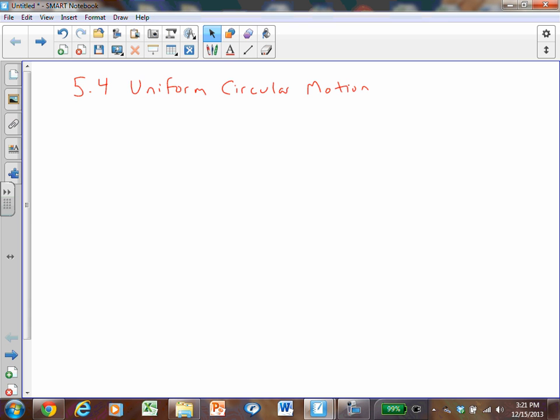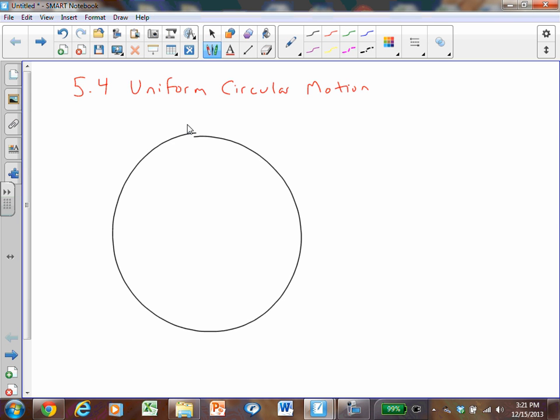So let's take a circle like so, and let's consider the velocity of an object at one point, tangential to the circle like so.